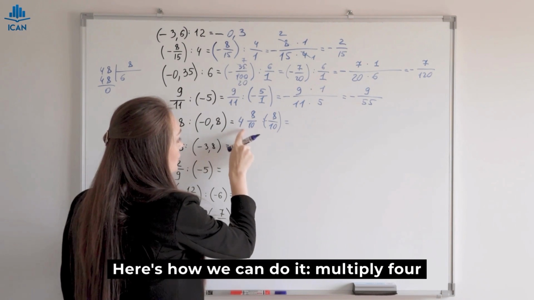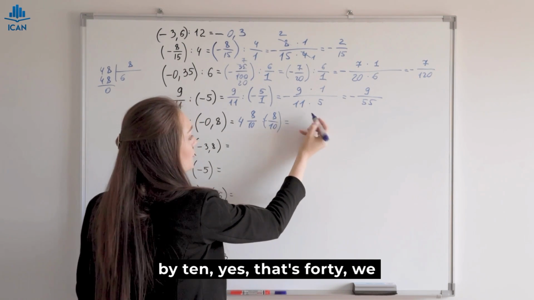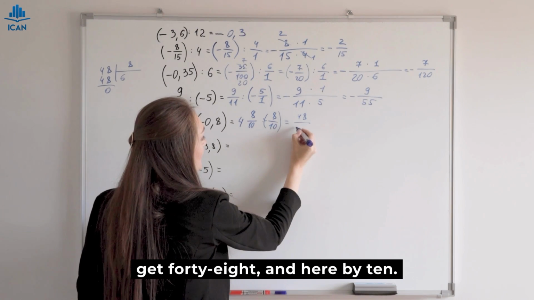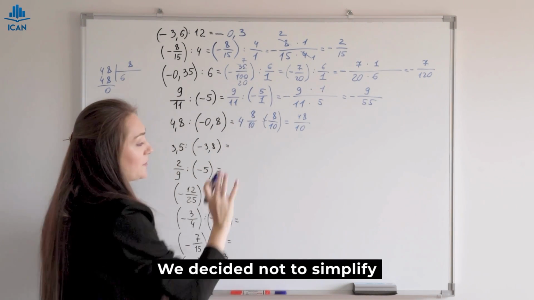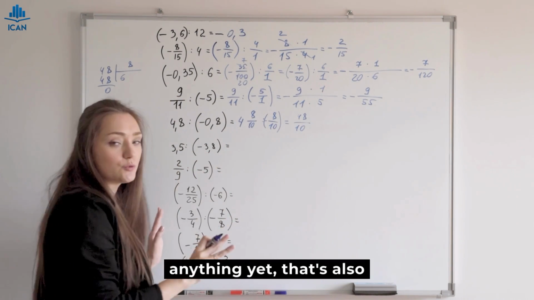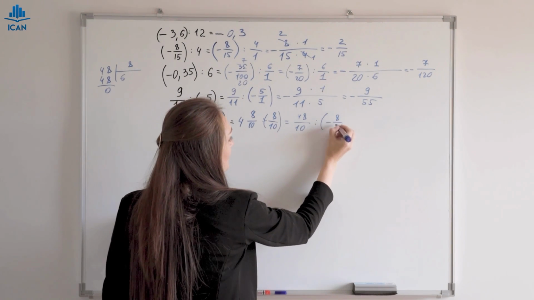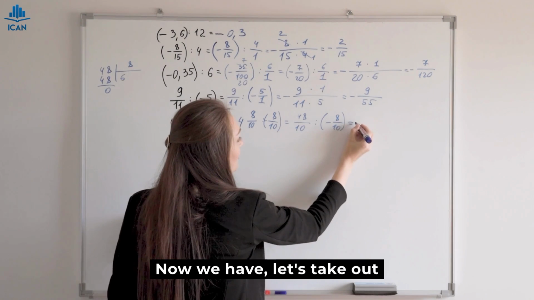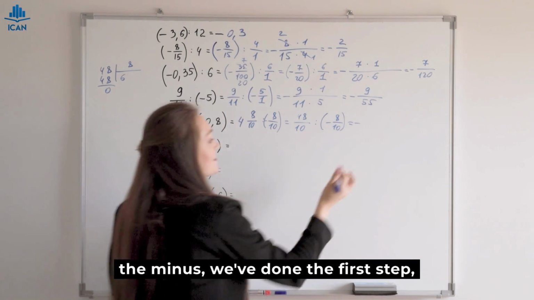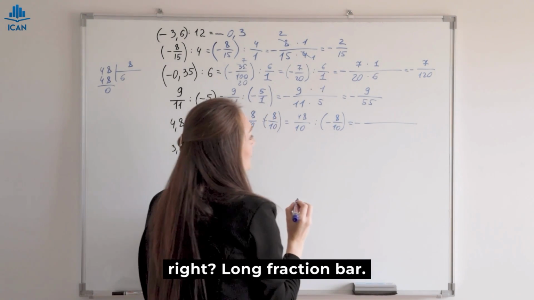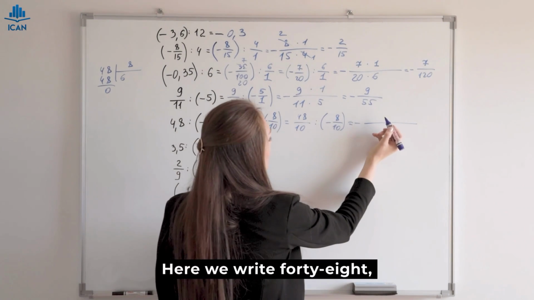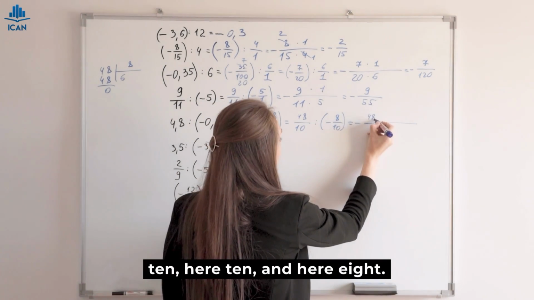Here's how we can do it. Multiply 4 by 10. Yes, that's 40. We get 48. And here by 10. We decided not to simplify anything yet. That's also an option. We divide by minus 8 tenths. Now let's take out the minus. We've done the first step, right? Long fraction bar. Here we write 48, 10, here 10, and here 8.